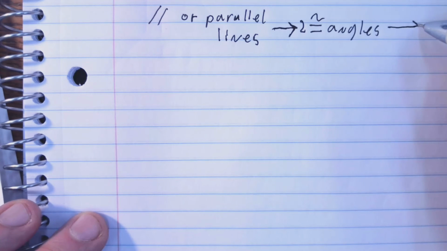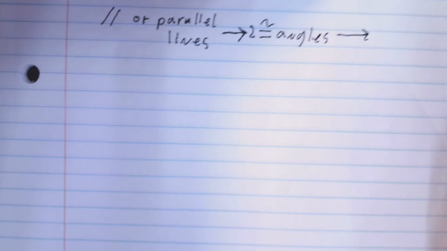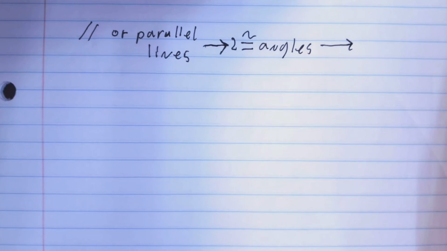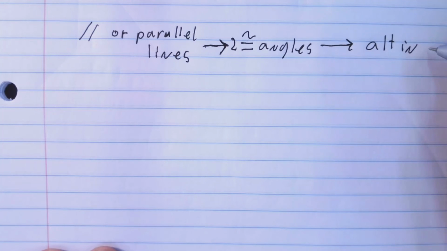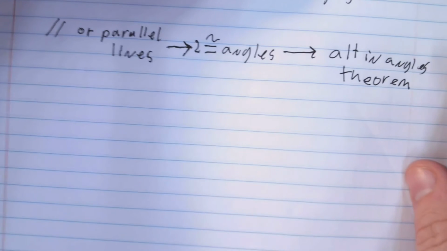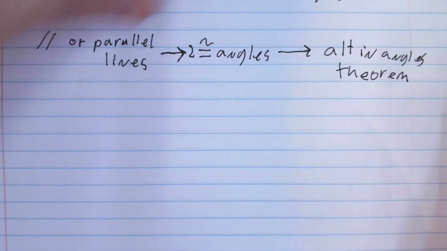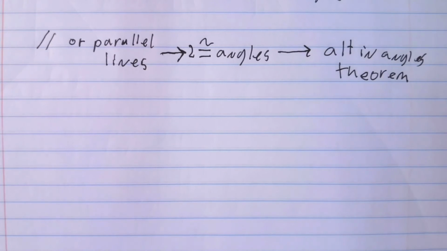And so far what we've seen is alternate interior angles theorem. All right. Could we potentially use consecutive interior angle theorem somehow, or alternate exterior angle theorem somehow? Maybe.